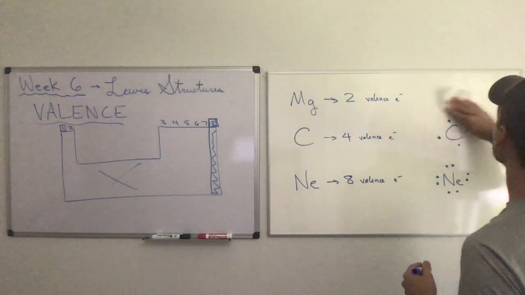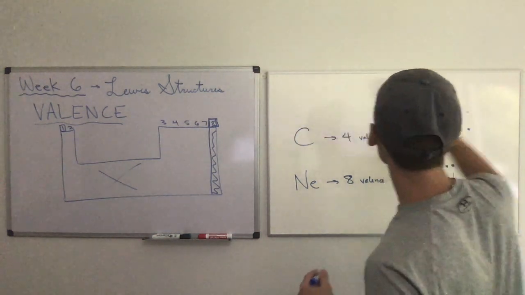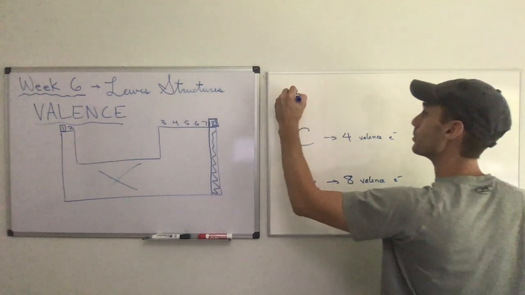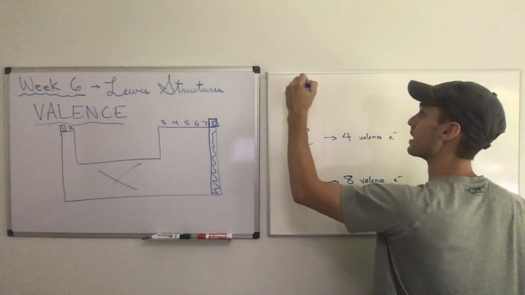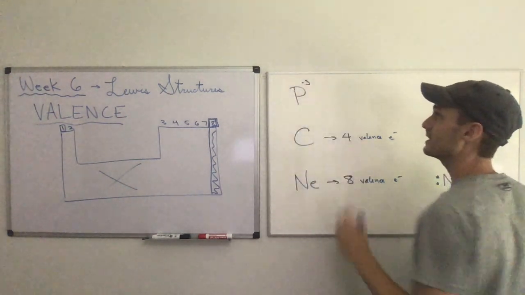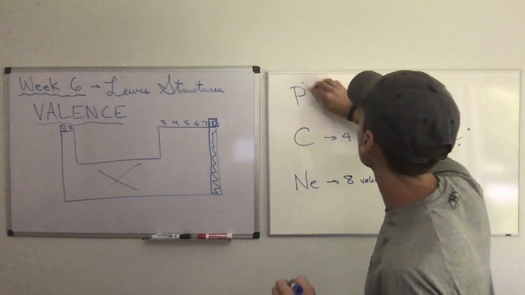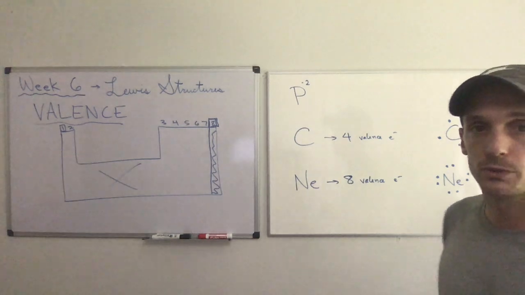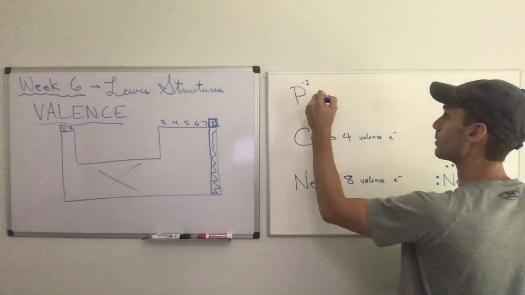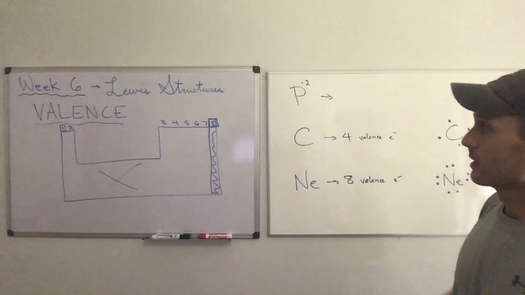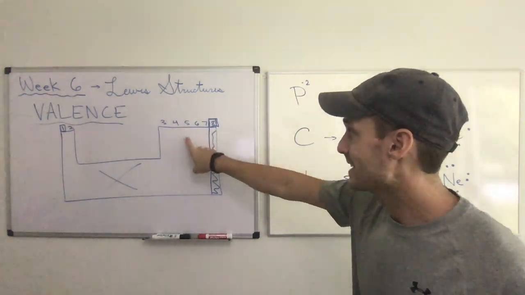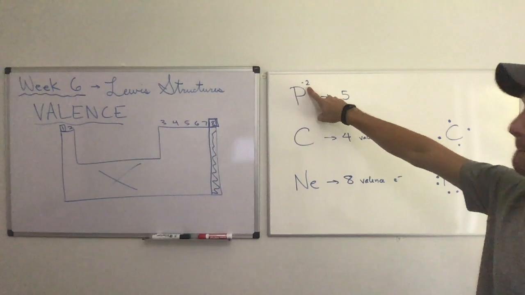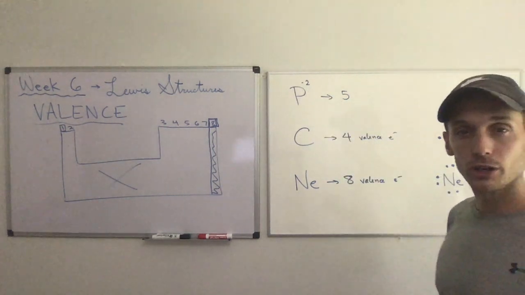Now let's do one tricky one that kind of pulls on stuff we did in the past. Let's do a phosphorus ion with a minus, let's actually do a -2 charge. Okay, a phosphorus with -2. So originally, if you look up phosphorus, you would see that it has 5 valence electrons, but now we have this charge to worry about.